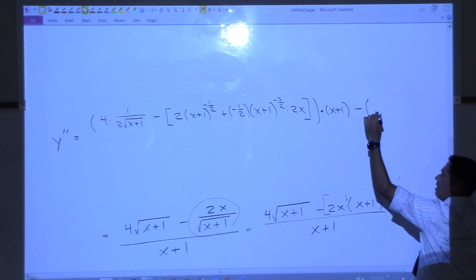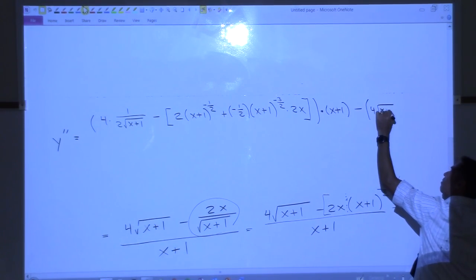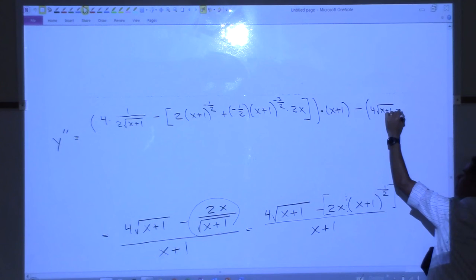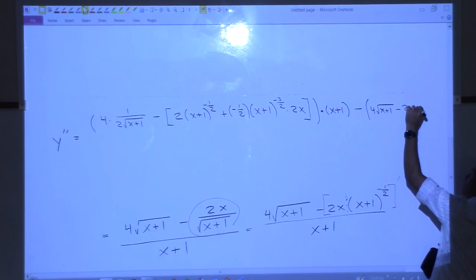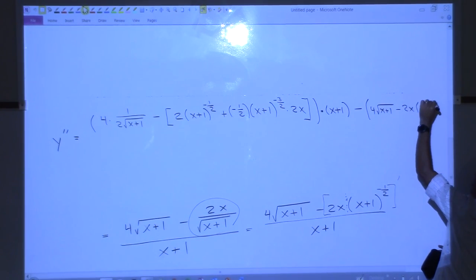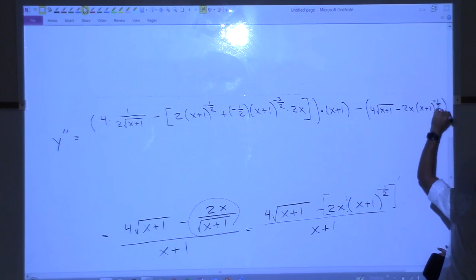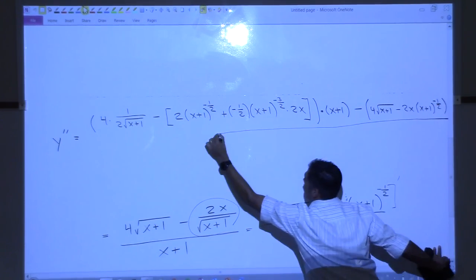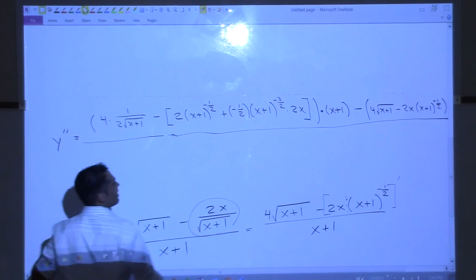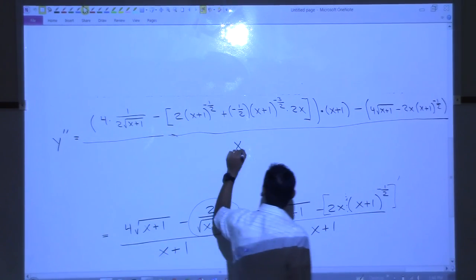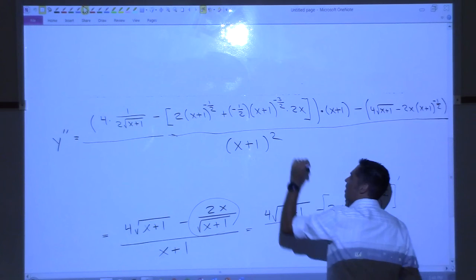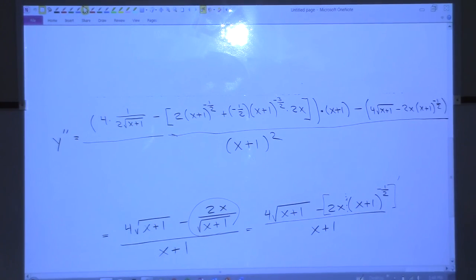So minus, and then I need to write 4 root x plus 1 minus 2x, x plus 1 to the negative 1/2, and then all of this over x plus 1 squared. Yes? Okay, and that's the second derivative. It's just really ugly. So if you got that, that's correct. I mean, it's not going to look like the back of the book for sure.